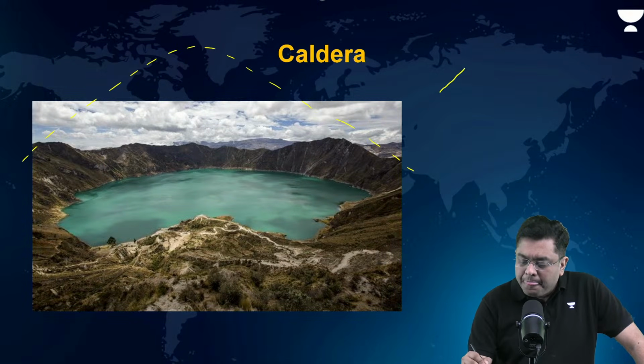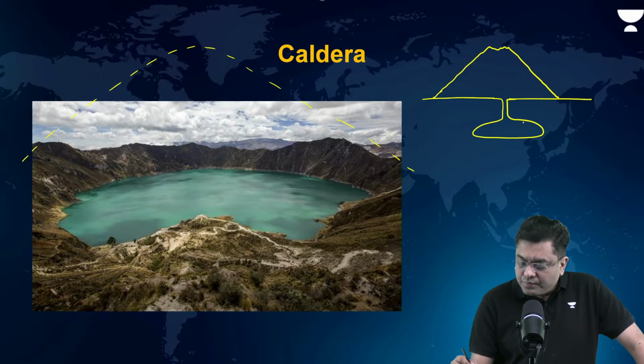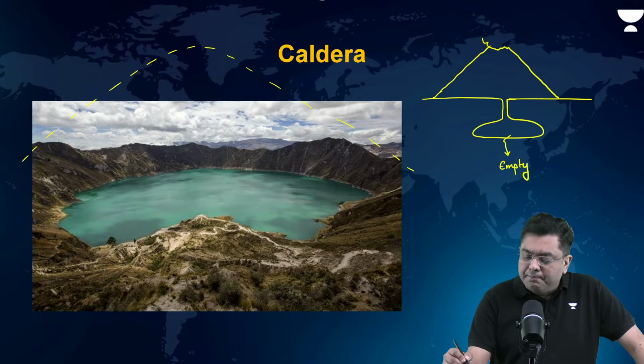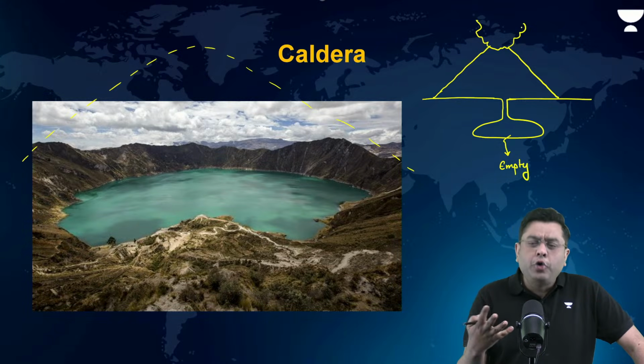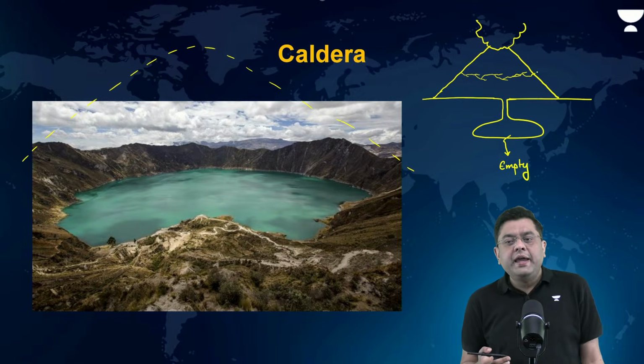So basically, if you had a volcanic landform like this, okay, and let's assume this was basically supplied by a magma chamber. Now, this magma chamber in one of its final eruptions has basically emptied itself. But the eruption was so very massive, so explosive, that it created multiple cracks in this region. Okay.